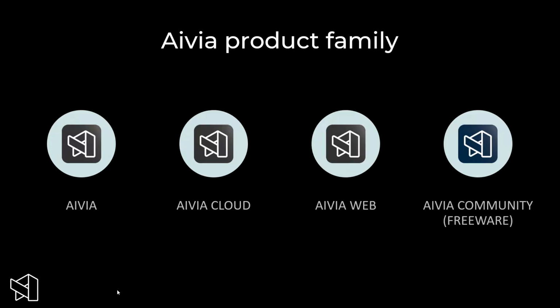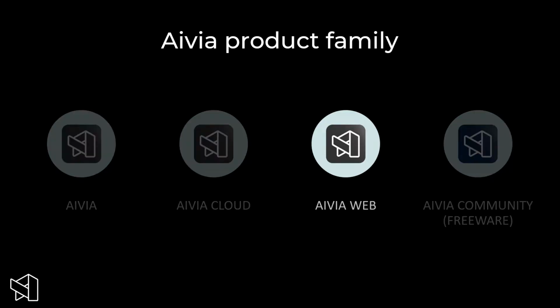Over the years, we've added quite a lot of functionality, as you saw in the previous slide, and so the product family has increased from just Aivia, then we added Aivia Cloud, Aivia Community, and now we're going to be discussing today this new tool, new platform, which is Aivia Web.